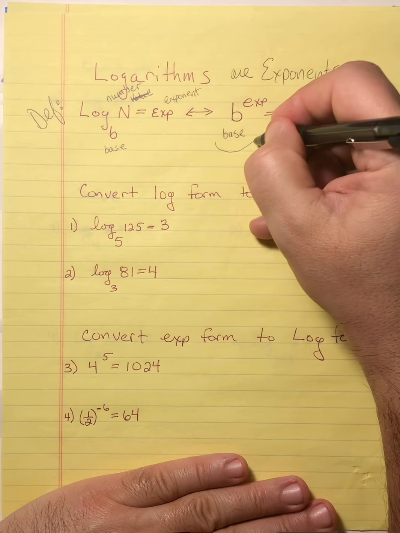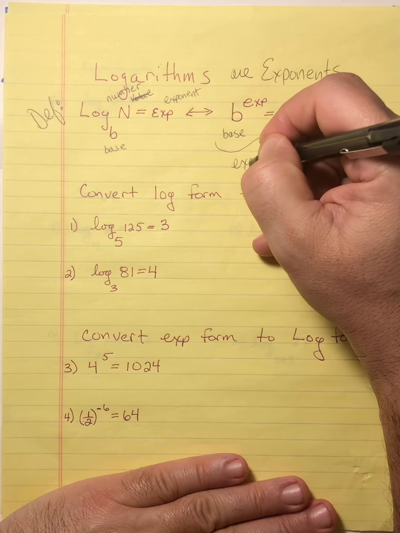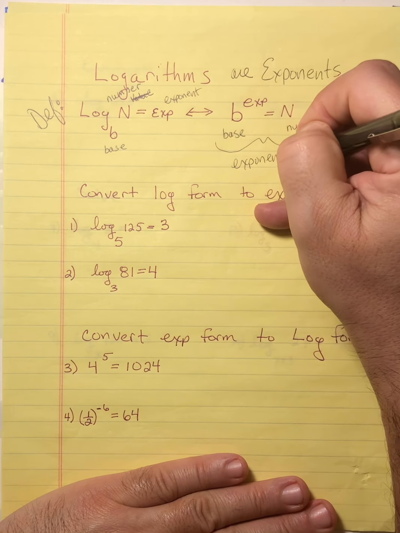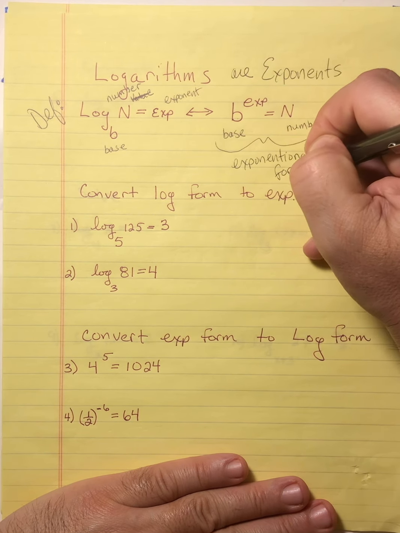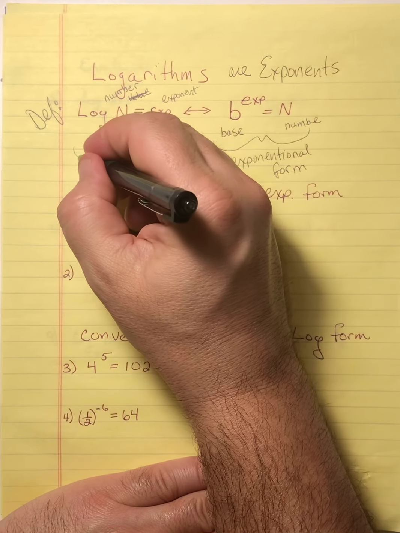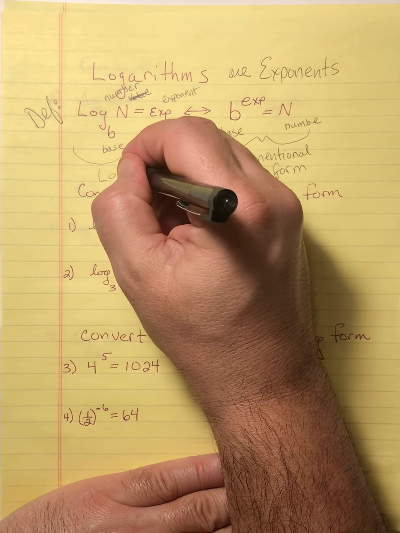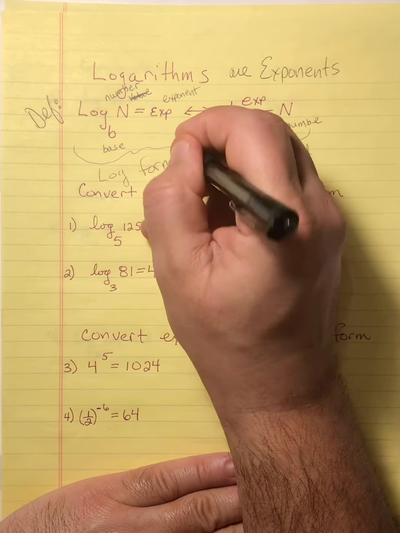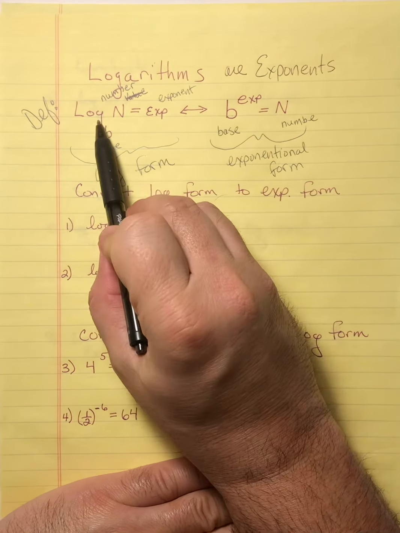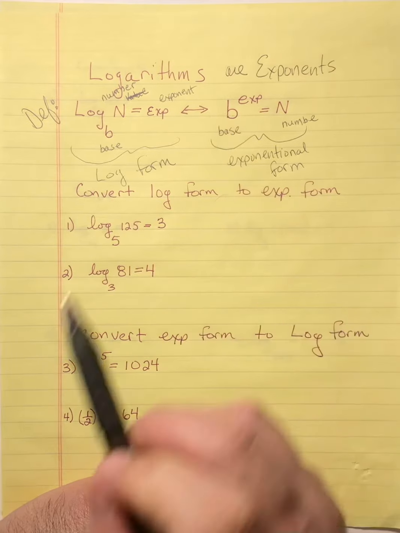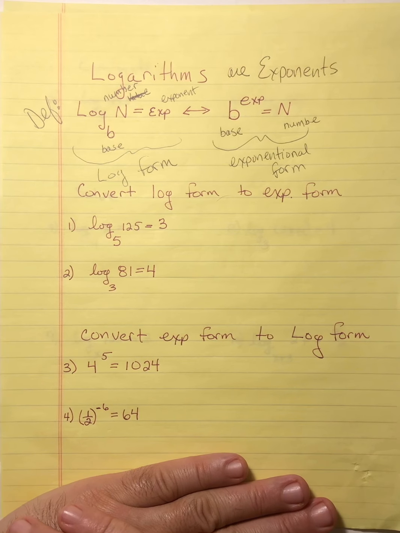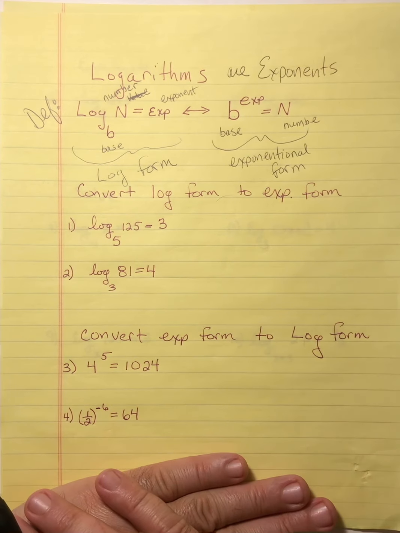So this right here is exponential form, and this right here is what's called log form. A log is just equal to an exponent, and I can rewrite it in both fashions. Okay, that's it.